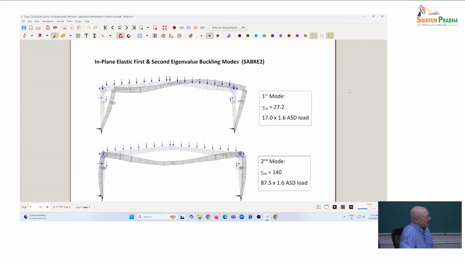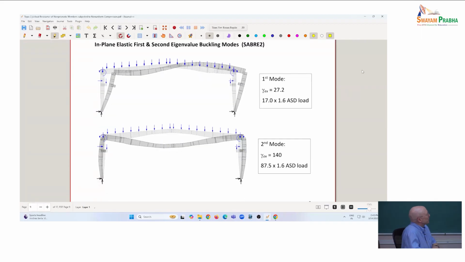And I've become a disciple of Consteel. So everything I could do in Sabre 2, I can do in Consteel, and then a lot more. And I told Belinta and his colleague that, okay, yeah, I could do everything you're doing in my software, but I would need to quit my day job and work for about 10 years to get there. But Sabre 2 gives you a good result as well.